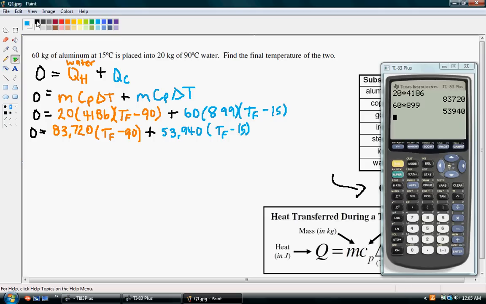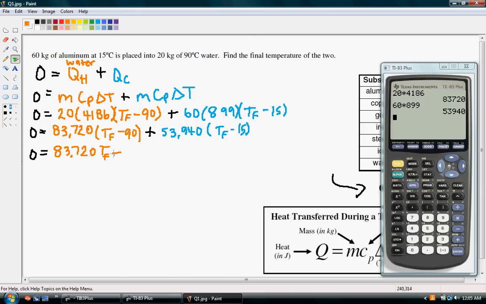Alright, the next step is probably the trickiest, but if you just stick to the process, you'll be perfectly fine. What you're going to do for both of these, both the hot and the cold, you have to take this first number and distribute it to both items inside of those parentheses. So for instance, 83,720 times the final temperature is going to look like this: 83,720 TF.